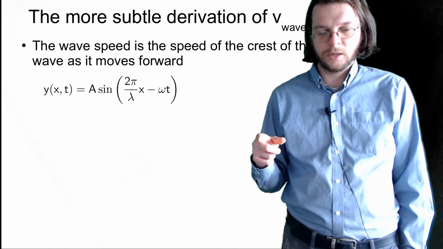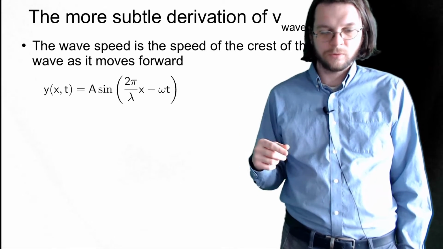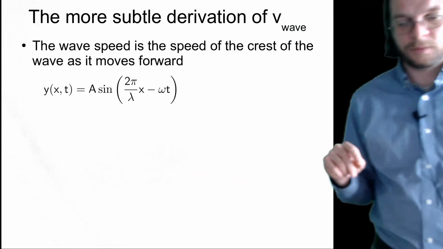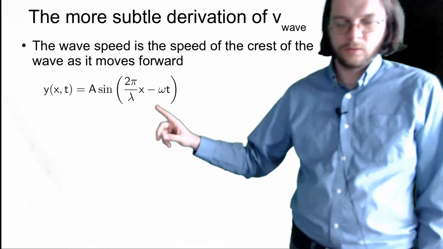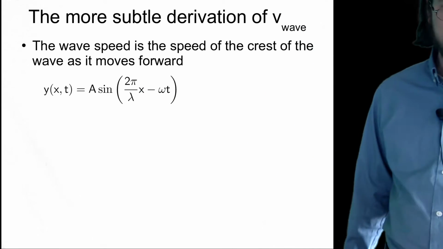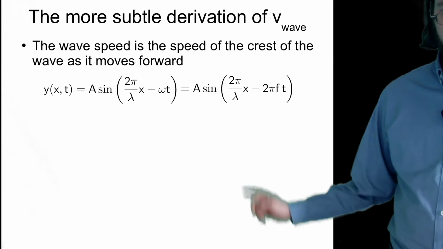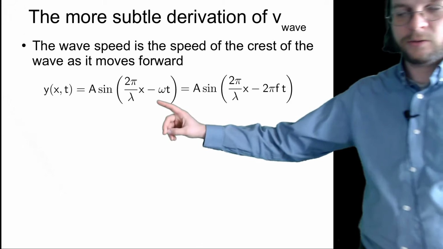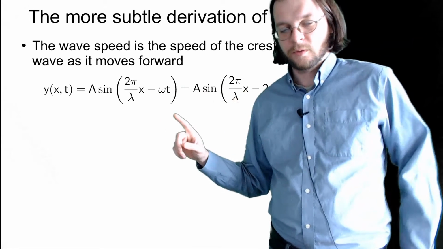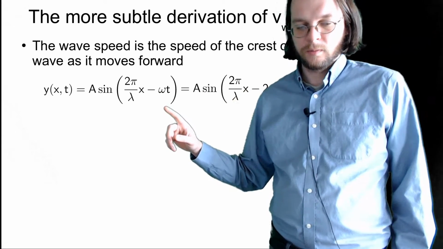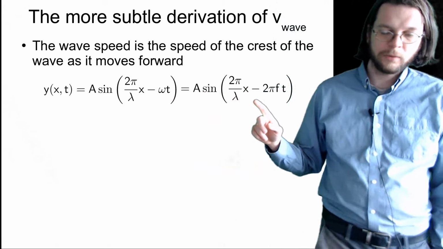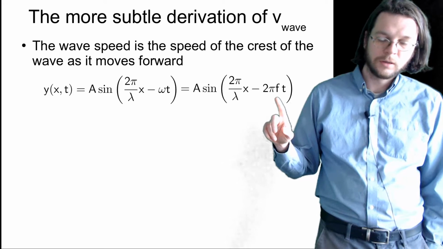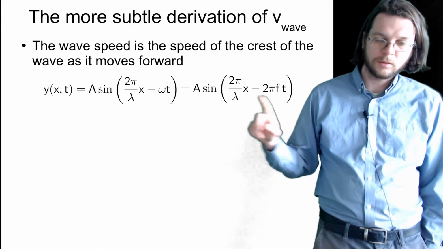At a particular time, this thing is going back and forth. So this is the functional form that we're thinking about, with some kind of omega t. And you can rewrite this in this way, because omega, the angular speed, is the number of radians per second. There are 2 pi radians in one cycle, and so 2 pi times the frequency is the angular speed.